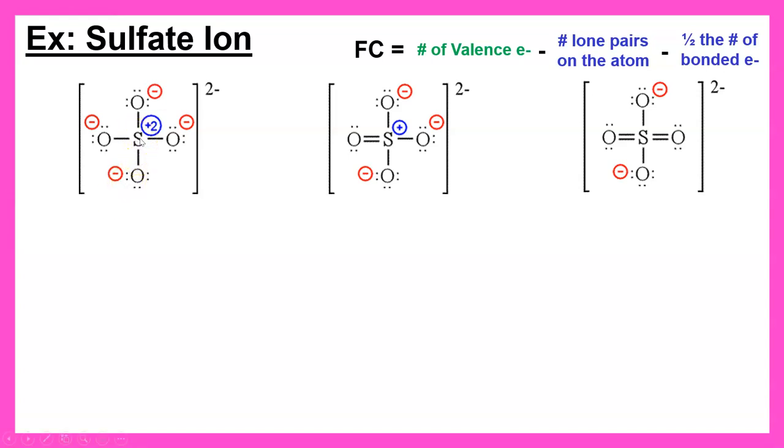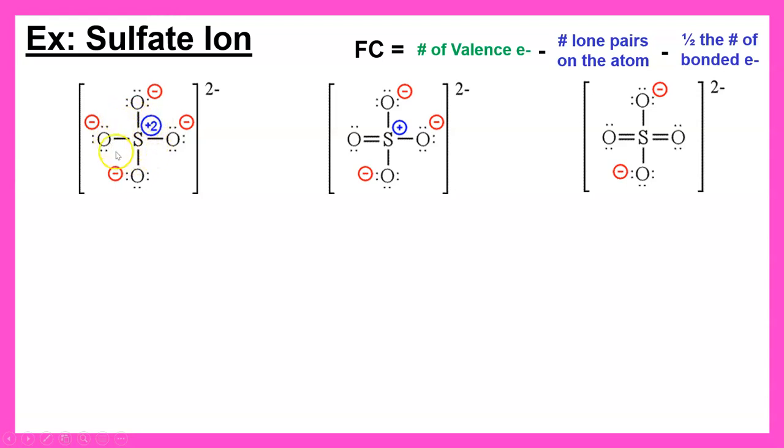Let's look at the sulfur. Sulfur normally comes with 6. It has 6 valence electrons. There's no lone pairs on here, right? So it has 4 bonds. It's going to get 1 electron from each of those bonds.